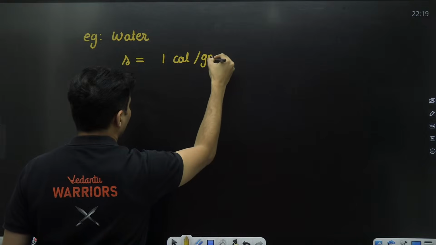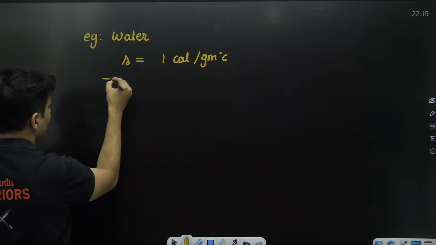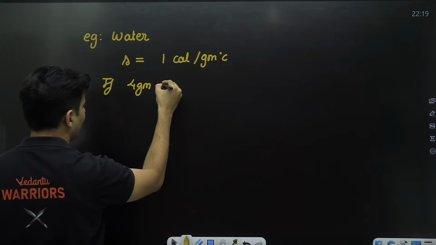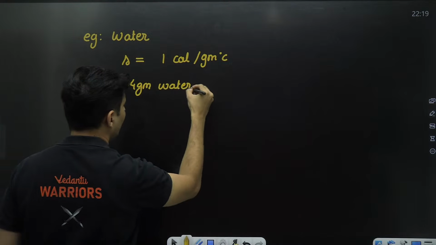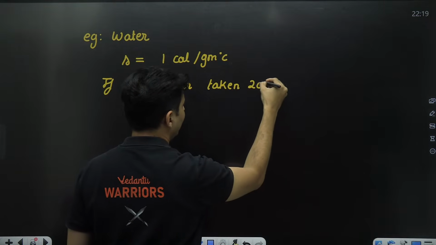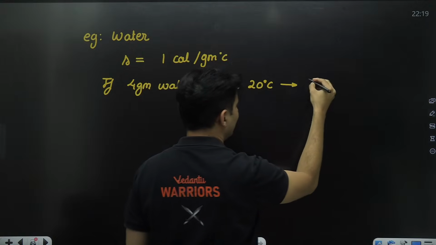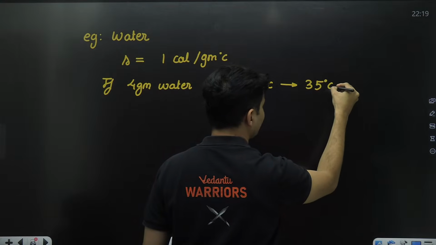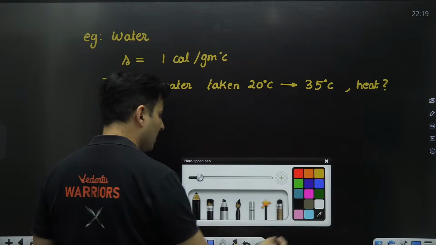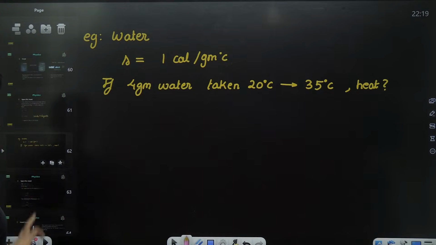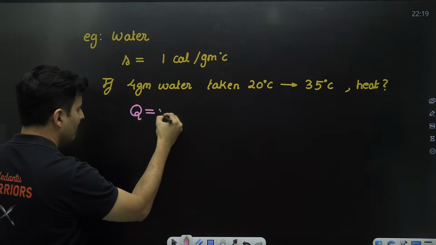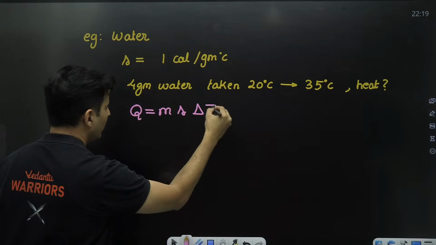So if 4 grams of water is taken from 20 degrees Celsius to, let's say, 35 degrees Celsius, how much heat would you require? Let's say I'm taking a simple laddu question so that I can explain the concept. We know that heat is nothing but m into s into delta T.